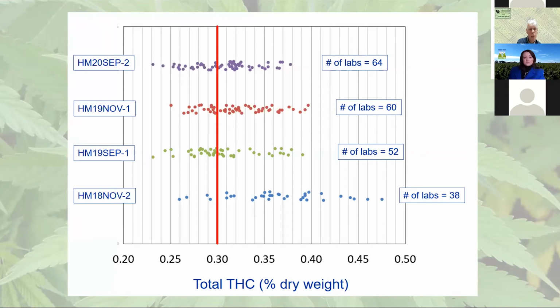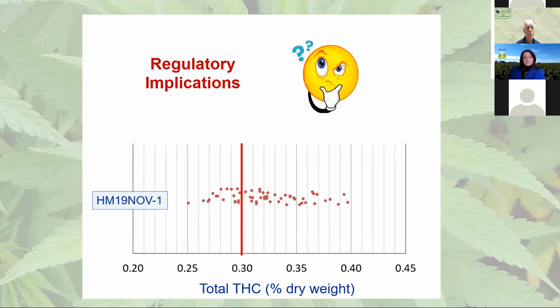This 0.3%, as Doris presented, is the important concentration that defines whether a sample is hemp or not. If it's less than 0.3%, it's legally hemp. If it's greater than 0.3%, it's illegal. I think it becomes quite obvious that this variation has a lot of implication on the decision that has to be made on whether a sample is legal or not.